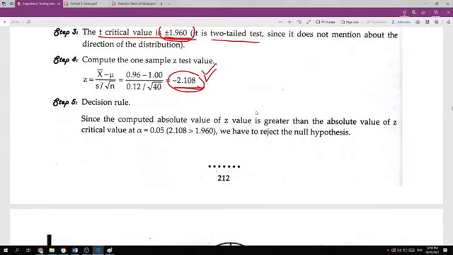So, is 2.108 greater than 1.960? Yes, sir. Yes, it is. It's greater than. So, what will be your decision? Will you reject or do not reject? Reject, sir. Reject. So, take note, if the value is greater than, always reject the null hypothesis.